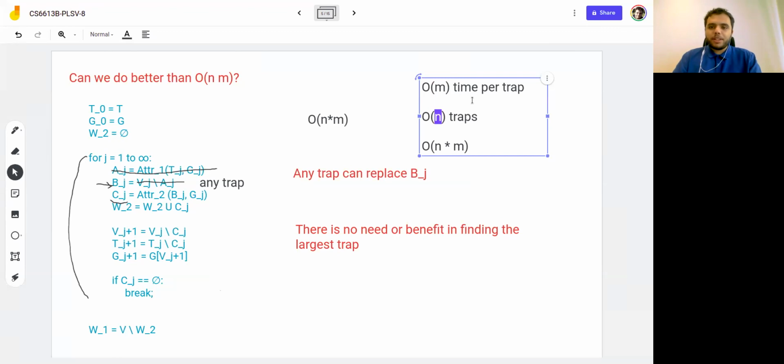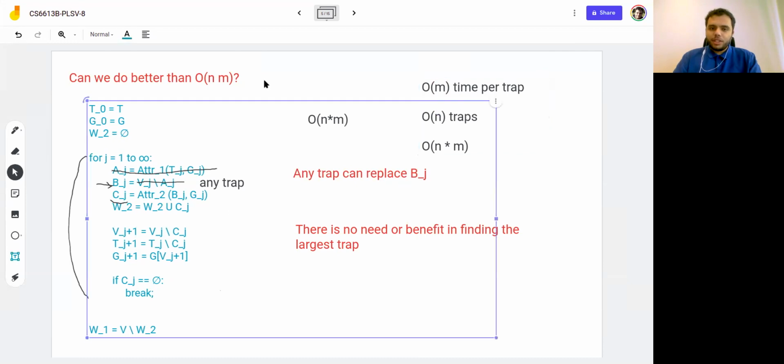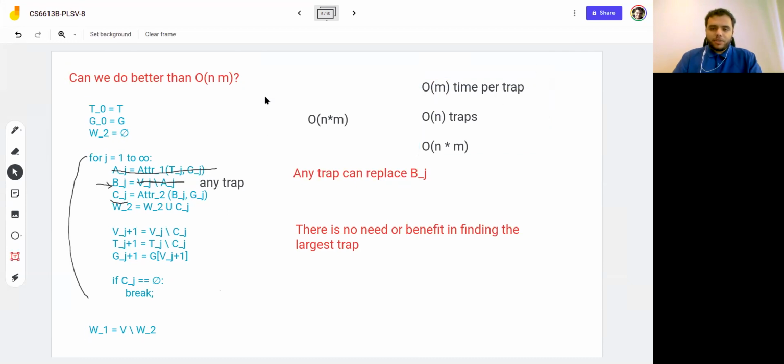What's a bit nicer is if we can also reason about the sizes of the traps that we have. So basically, what's important for us is how many vertices are getting added to the winning set of player 2 in every iteration. And this assumption that at least one vertex gets added, it's just not strong enough. We want to have a bound on how many vertices get added.